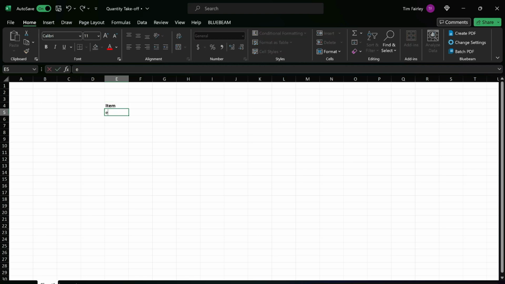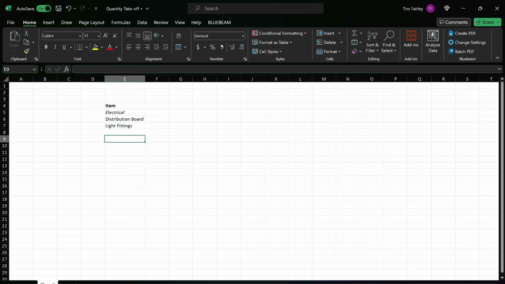We'll say for electrical, we want distribution board, bunch of light fittings, we get power outlets, then we'll call it circuit cabling, the underground ducts, that'll be a length, and the roof duct.